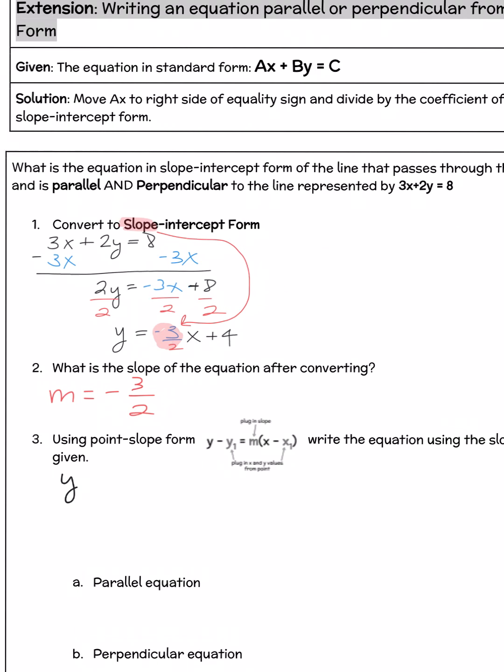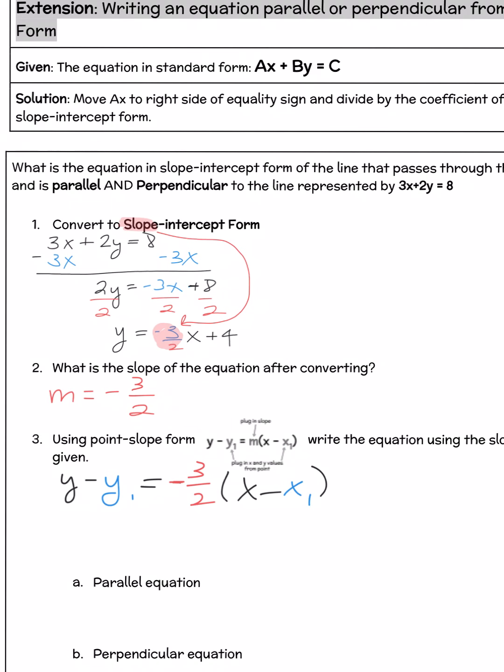So y minus y1, obviously, equals m, which is negative 3 over 2, times x minus x1. So in blue, what is that x1, y1?